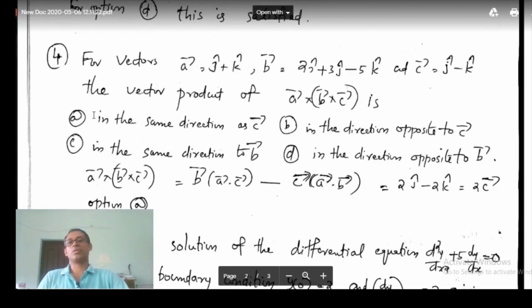So the correct option is A, in the same direction as C, because this is 2 times C. So the cross product is in the same direction as that of C. So A is the correct option.